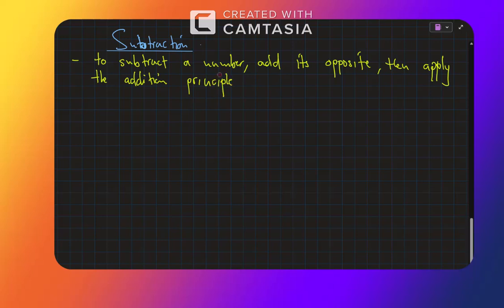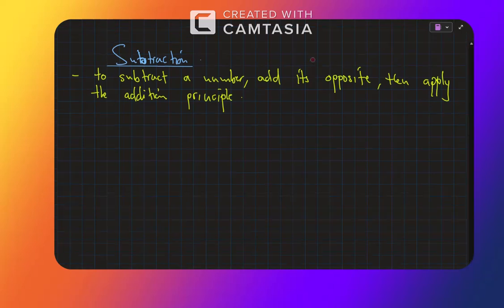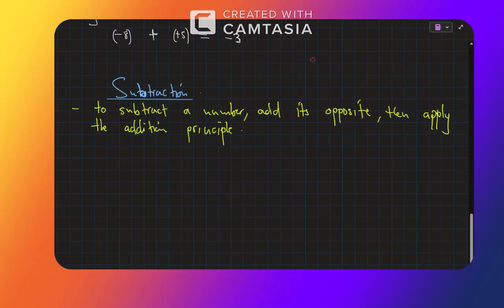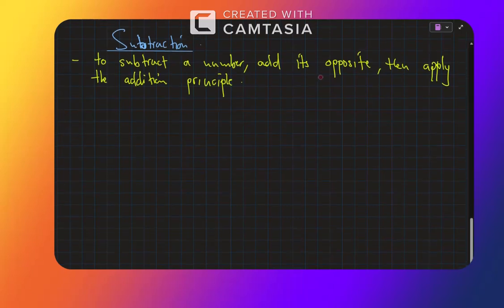Which addition principles? When you add values with the same sign, add them and maintain the sign. If they have different signs, subtract the smaller one from the bigger one and take the sign of the bigger one. You can do that here.